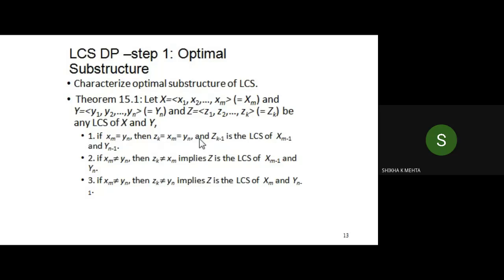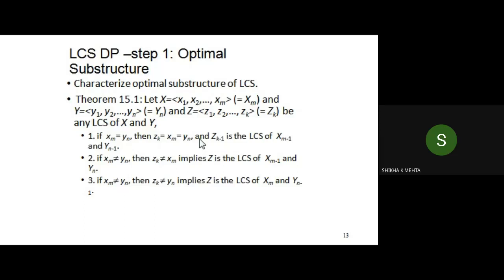So here let us consider X is a sequence, Y is another sequence, and Z is another sequence, and Z is the longest common subsequence of both X and Y. We have certain conditions. Let us say if Xm is equal to Yn, so if both are the same, then Zk minus 1 is the LCS of Xm minus 1 and Yn minus 1.